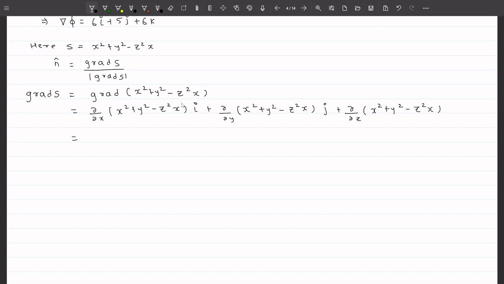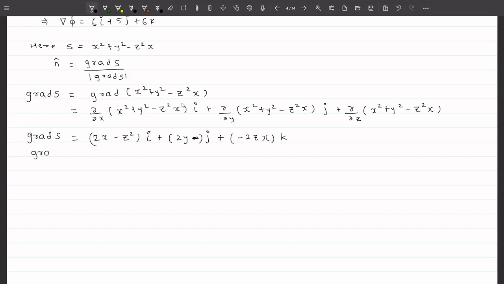So partial derivative with respect to x, this is 2x − z² iota plus x² derivative is 0, y² is 2y, minus, this is 0, that means it is only 2y, right? 2y j plus del by del z of this, that means it is −2zx k. So this is the gradient of S.